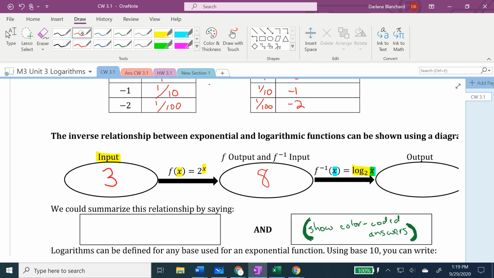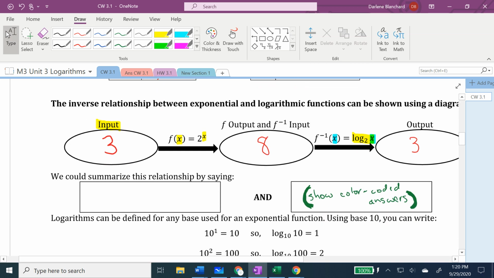Right, I should be getting out that 3. Now, what's important about this is I want to show you that we started with putting the 3 into 2 to the x. So we started with 2 to the power of 3.